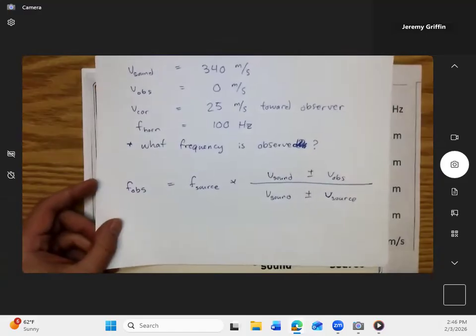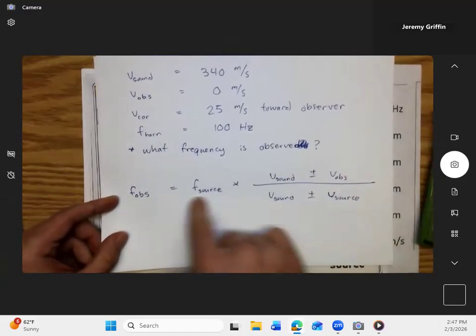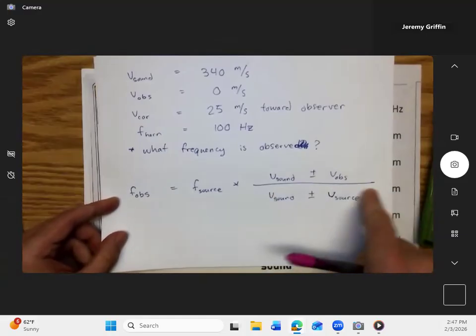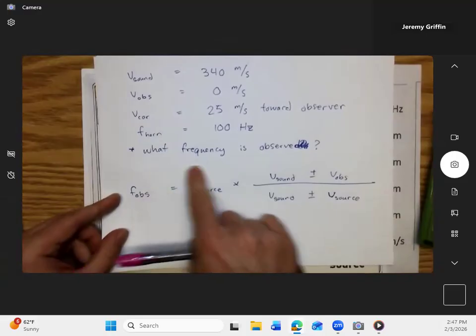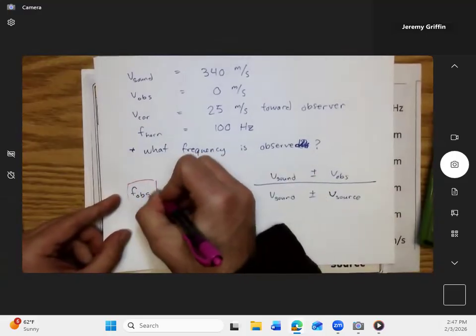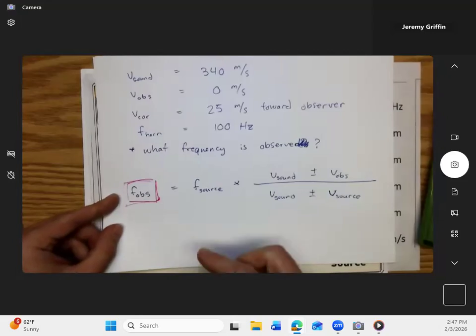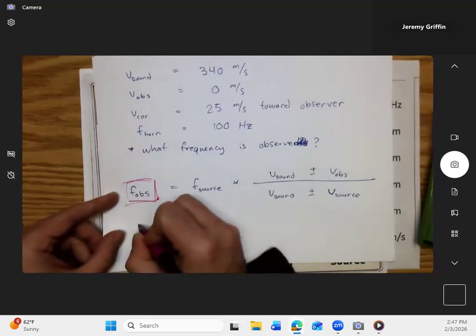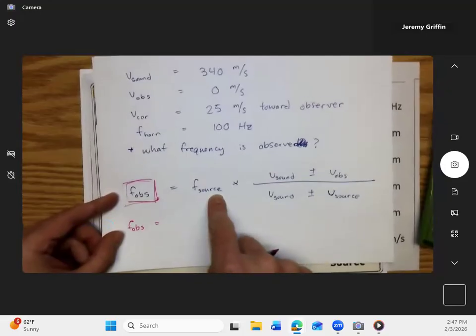Let's get some numbers in here. What are we solving for? The observed frequency. That's the question: what frequency is observed? There's no algebra, we just have to do arithmetic and plug everything in. So the observed frequency would be the source frequency. What number did I put right here?